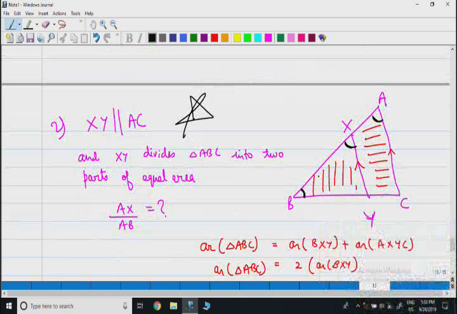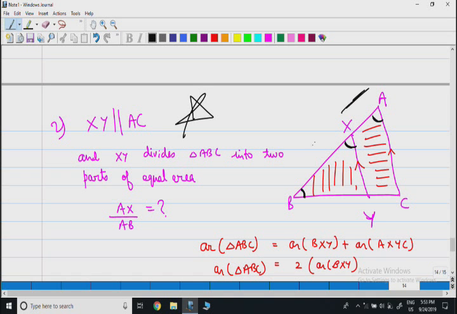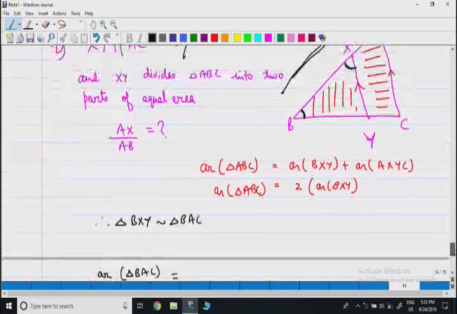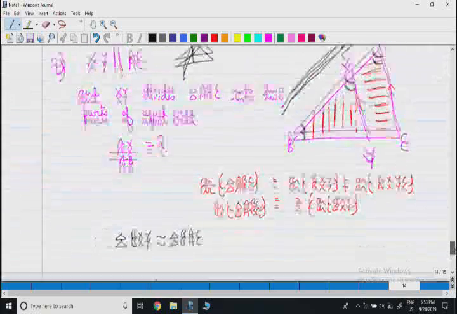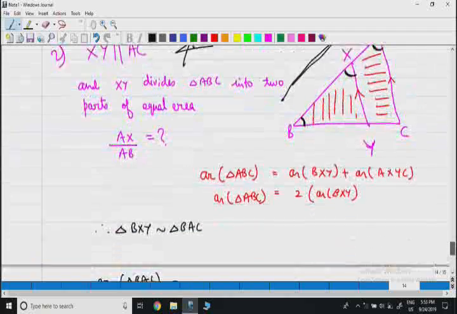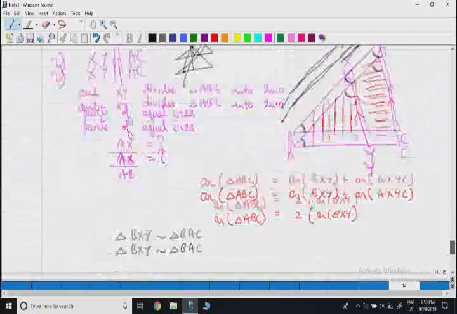We want AX and AB in our answer, so we will take these sides. Since the ratio of areas is the square of the ratio of corresponding sides, from triangle ABC we can take AB as the side and BX as the side.